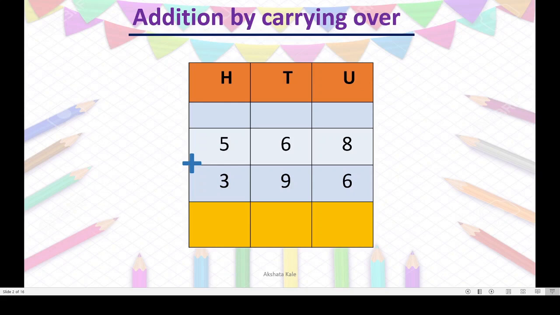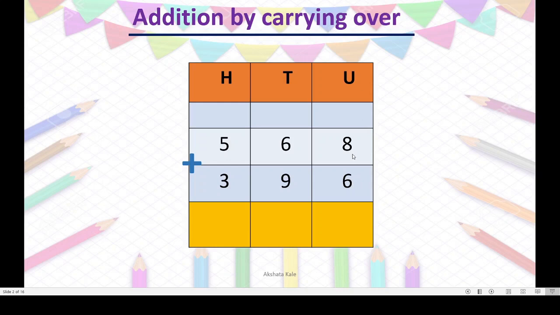Addition by carrying over. You can see here a sum, and this is a table: units place, tens place, hundreds place. And the numbers are given here. We will begin our addition. You know that we always begin addition from the right hand side, that is from the units place.